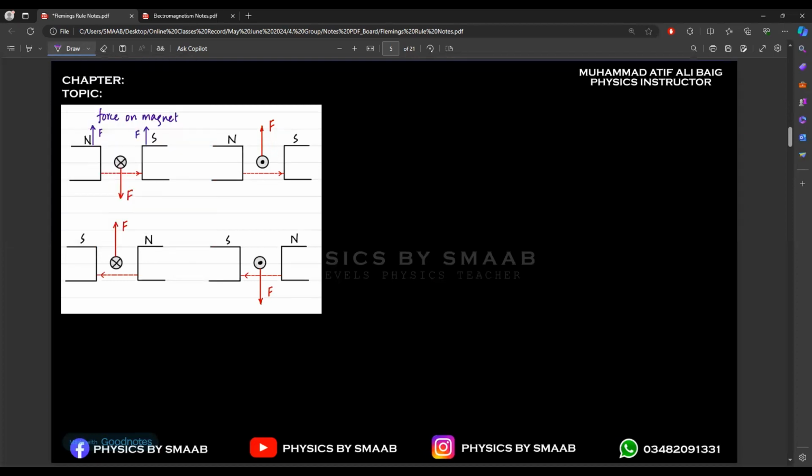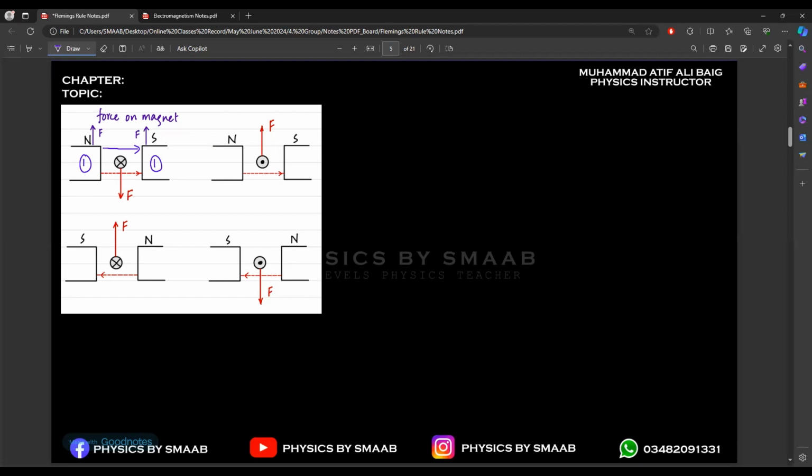In the diagram, we observe that we have magnetic field lines from north to south, and we have magnetic poles on both sides, and current is moving into the paper. So the direction of the force is downward.